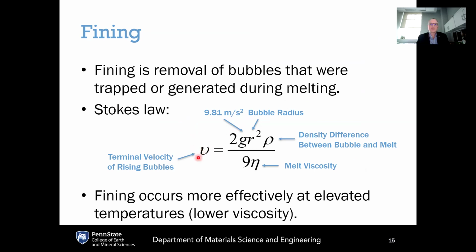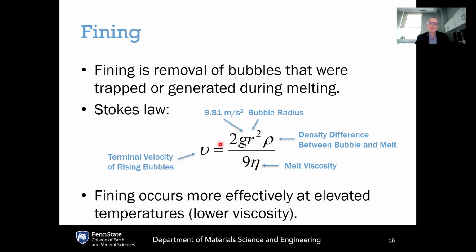So this V here is the terminal velocity of a rising bubble as it rises up through the molten glass. Eta is the viscosity of the melt. Rho is the difference in density between the bubble and the melt. R is the radius of the bubble, and then g is the acceleration due to gravity, 9.81 meters per second squared.